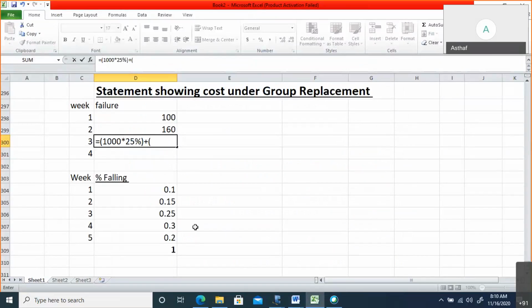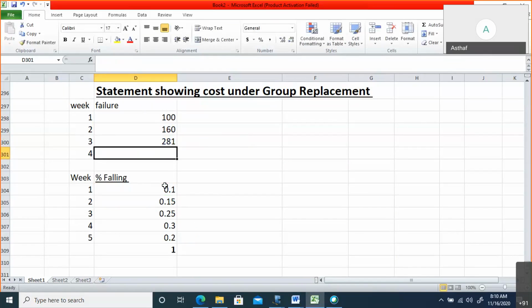Now 3 minus 1 is 2. So this 100 is now in week 2, which is 15%, plus 3 minus 2, which is 1. This 160 is now fresh, so that will be 10%. Like that we get 280.